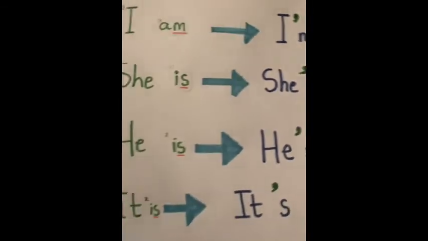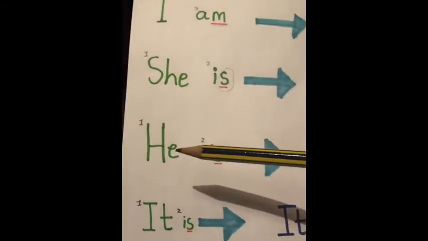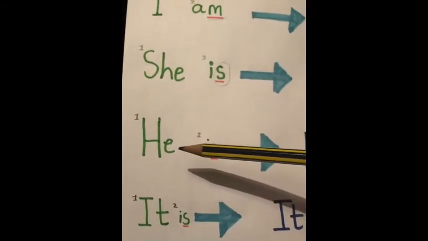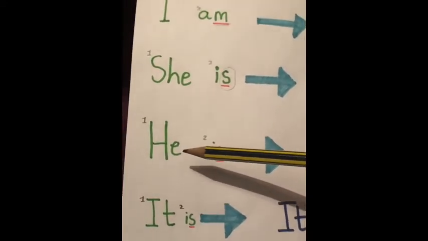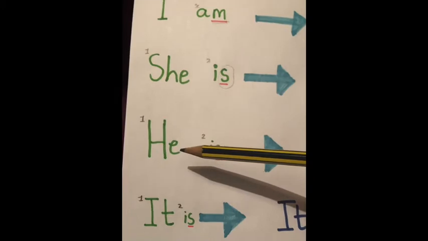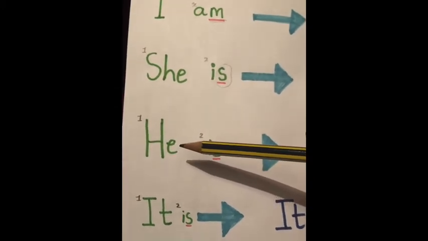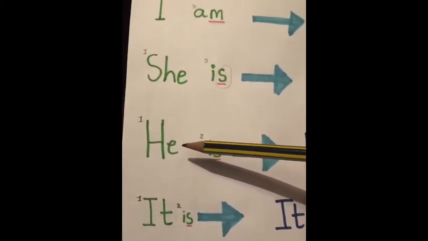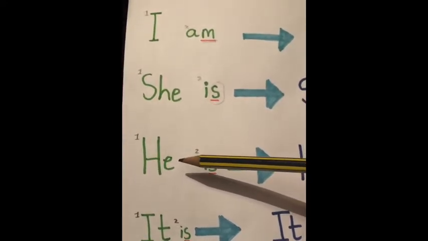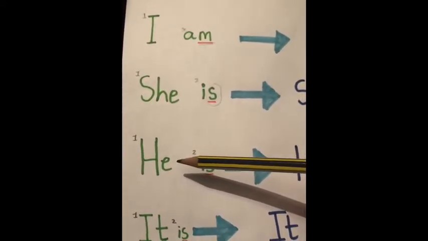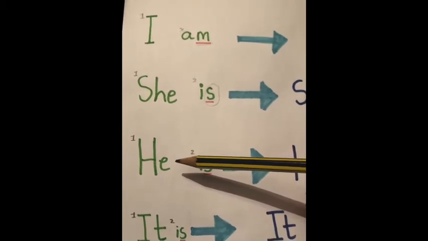Now, he. He is a pronoun that is used when we are referring to one man or one boy, okay? So we are talking about one person. What do we use? Is or am or are. We said am is only used with I, okay?